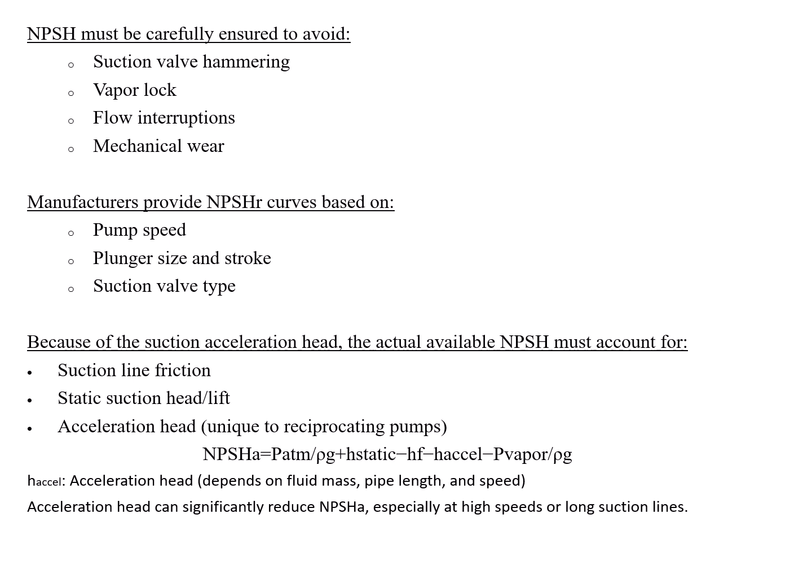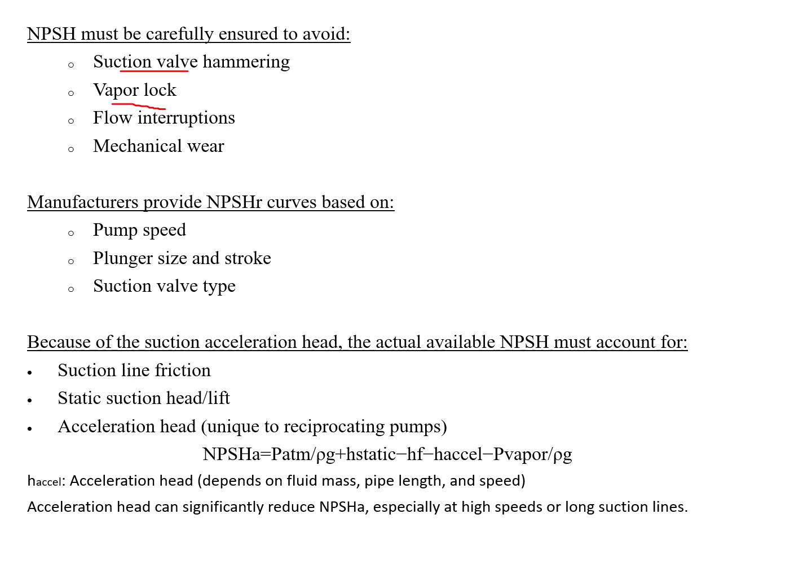Net positive suction head must be carefully ensured in the positive displacement pump to avoid hammering at the suction valve. In the centrifugal pump, the damage, as we saw in the photo, happens on the impeller or in the casing. Here it happens on the suction valve. Also, we will have vapor lock. What do we mean by vapor lock?